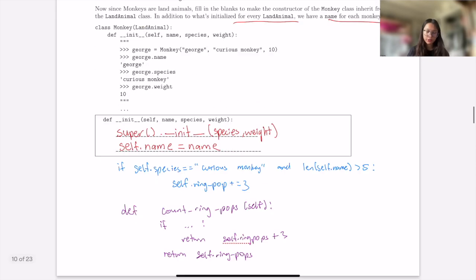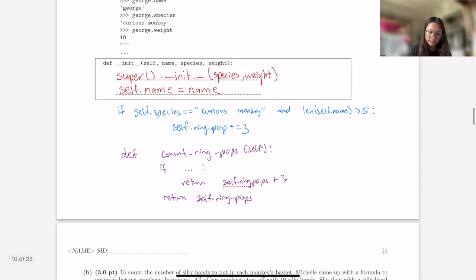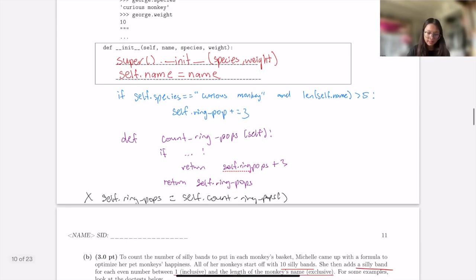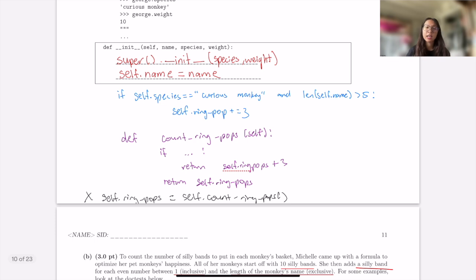So later in the code, we would have to write something like self.ringpops equals self.count_ringpops. And this is invalid because we are changing the code instead of just initializing it right off the bat when we create the instance.